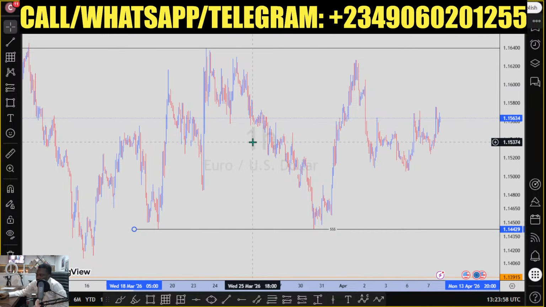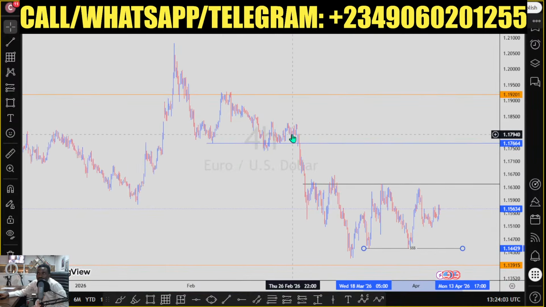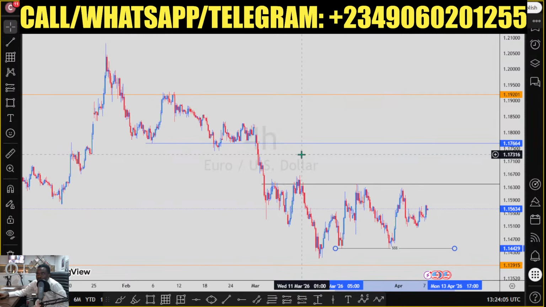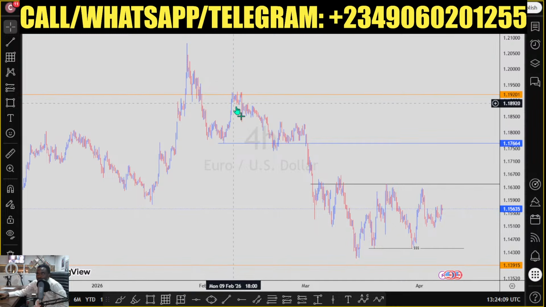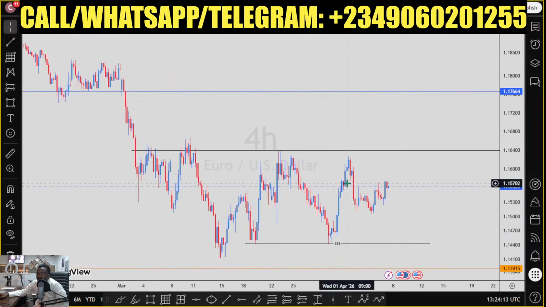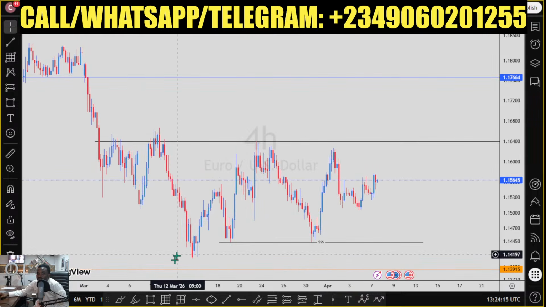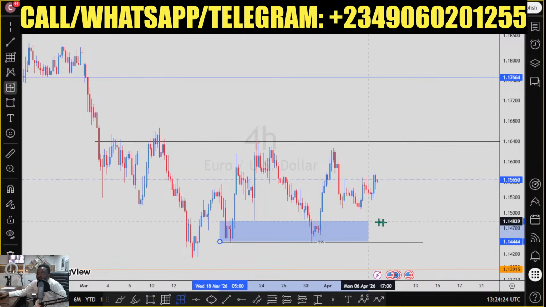All right. Now, Euro USD, based on what I said, checking on the weekly chart, I said we are in a downtrend, and for us to look out for high probability zones, we either look out for opportunities at the top or at the bottom.